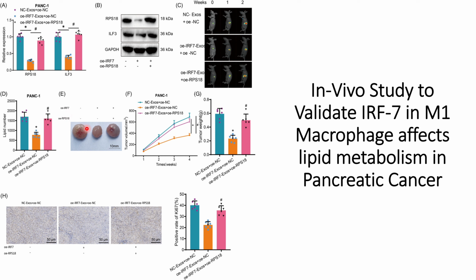And thereafter they checked the tissue morphology. In this case also it is clearly evident that when RPS18 is overexpressed along with IRF-7, they see an increase in tumor growth compared to the case where RPS18 is not overexpressed.